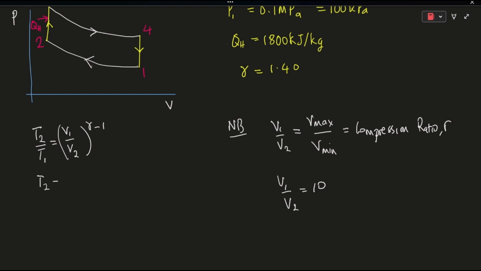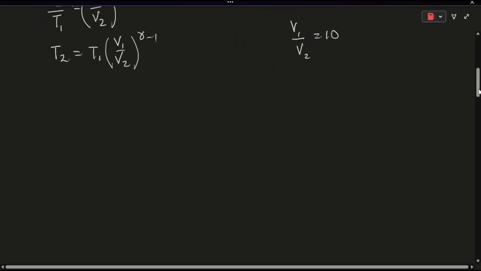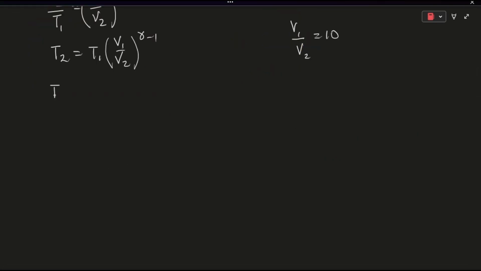So T2 is given as, and plugging in the values, we're going to have T2 as V1 over V2, which is 10, to the power of gamma, 1.40 minus 1, which is 0.40.